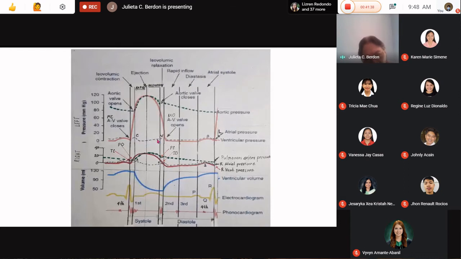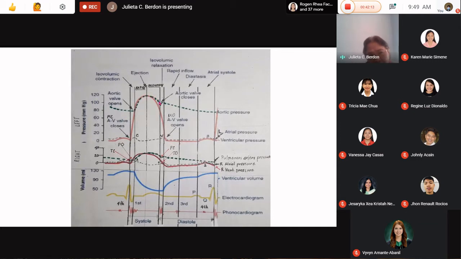Okay. So now we are at the end of the rapid ejection and the beginning of the slow or reduced ejection phase. Now, is there still ejection in the reduced ejection phase? By the term, there is ejection. But you will notice that aortic pressure is now greater than ventricular pressure.